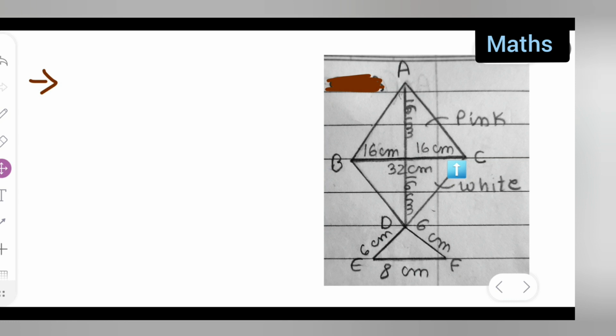So what you all are going to do is in triangle ABC you will take BC as your base, 32 centimeter, and your height is 16 centimeter.